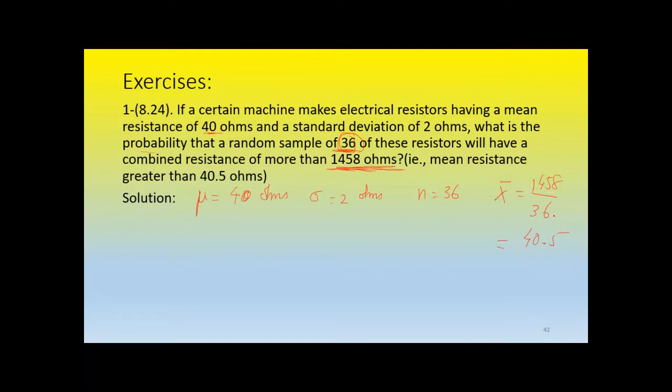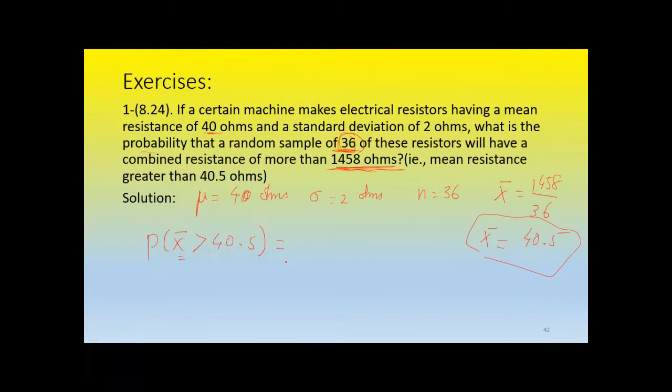So the question is, the probability of the random variable x bar, the sample mean, being greater than 40.5. If you convert x bar into z, you are done.